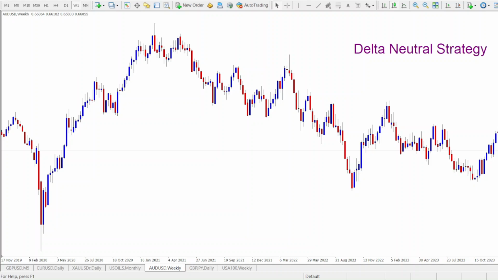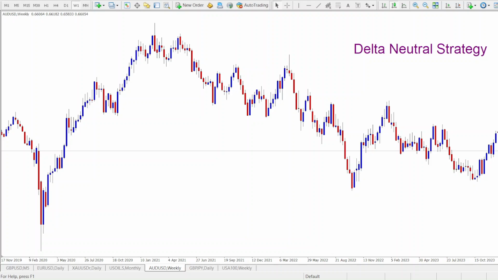So if you are a fan of risk management, and of course every trader should be, but I'm talking about risk management on another level, then you might find the delta neutral strategy really interesting. Whether you are interested in options, forex, or even stocks, delta neutrality offers a way to protect against market volatility.